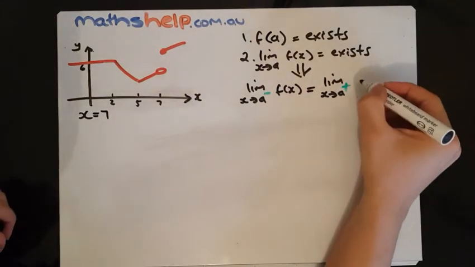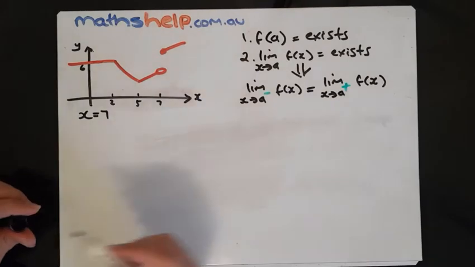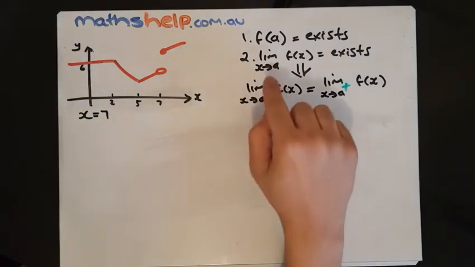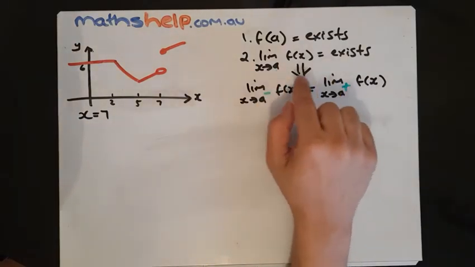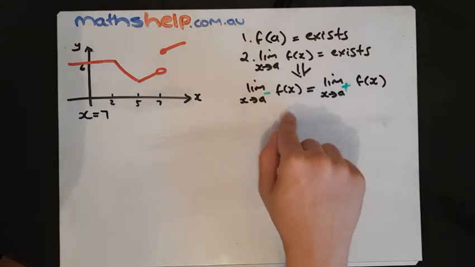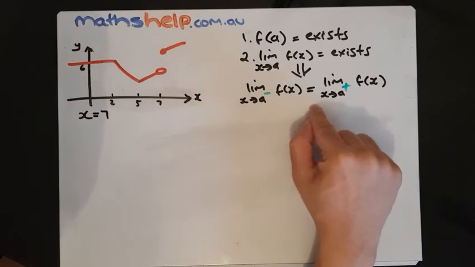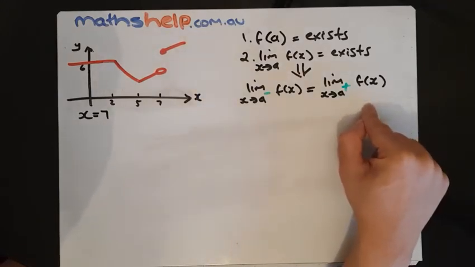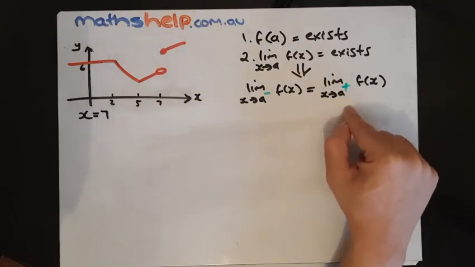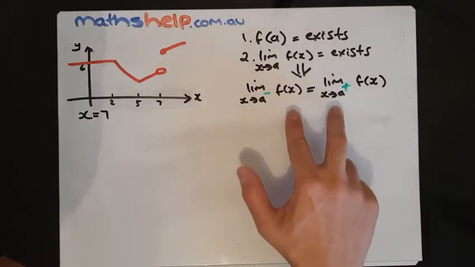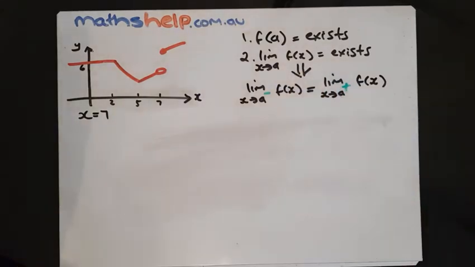When these 2 numbers are the same, we say that the limit exists.